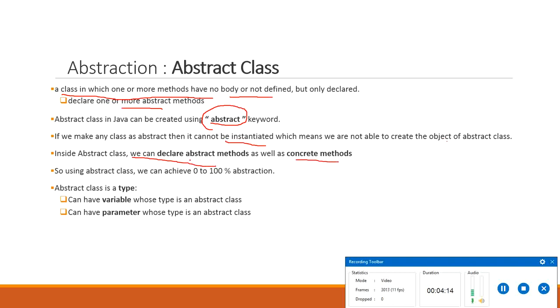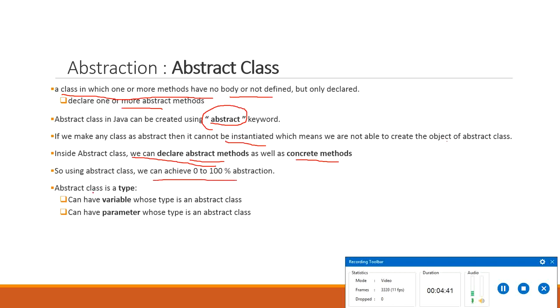So there are two types of methods now, abstract methods and concrete methods. Concrete methods are just like the normal methods that you have been making until now, providing the implementation, whereas abstract methods are declared with the abstract keyword, and they do not have a body or implementation. Using an abstract class we can achieve 0 to 100% abstraction.